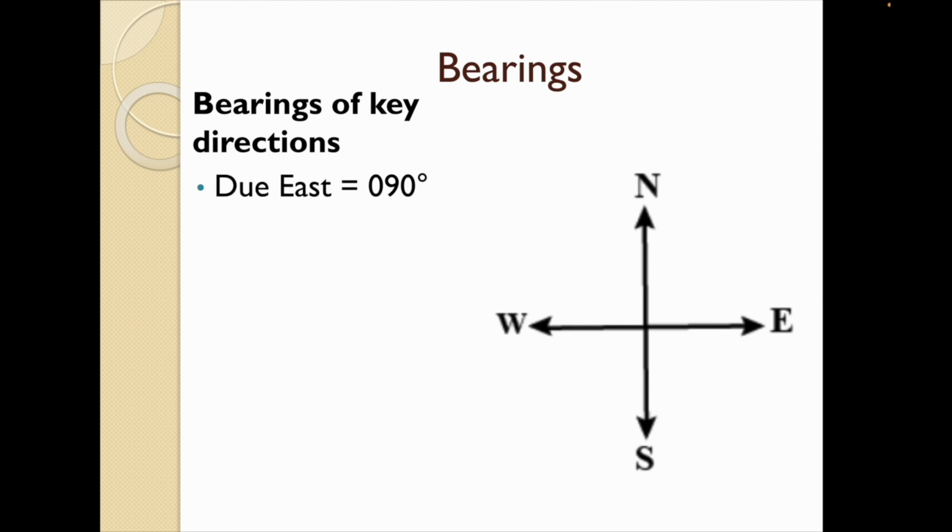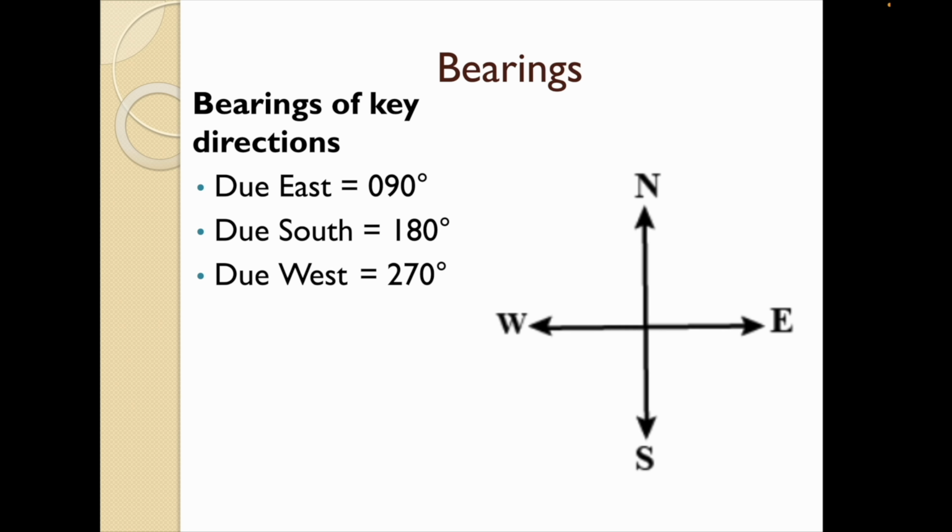Remember, we always use it from north. 180. Excellent. We got 180 would be due south. What do you think due west would be? 270. Excellent. All right, so these would be the hard directions. East, 90 degrees. South, 180 from north. Due west, 270.